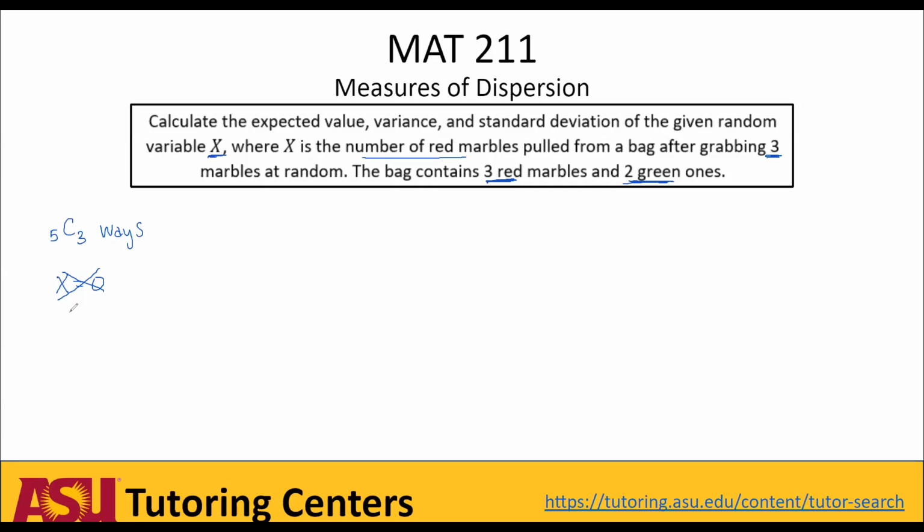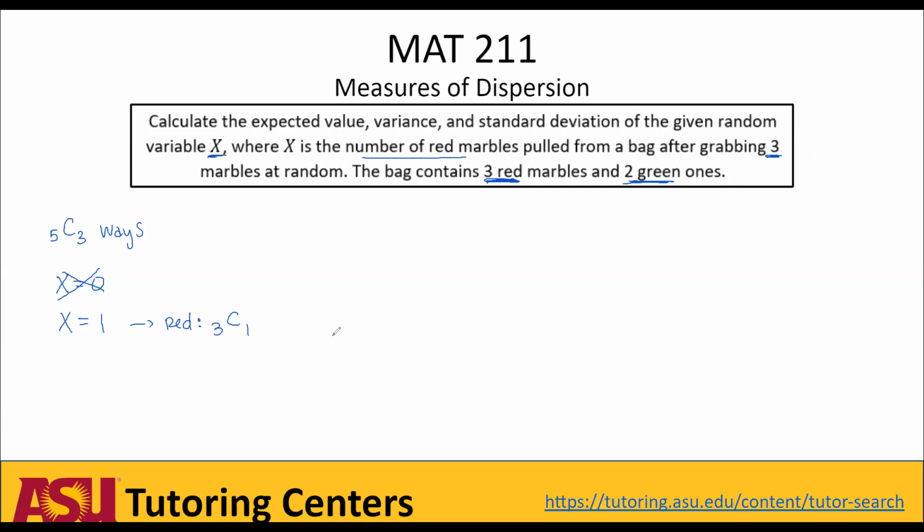Let's next consider x equals 1, meaning that we pull 1 red marble out of the bag. Let's first grab our red marble. Out of 3 total red marbles, we would be choosing 1, so for red, we have 3 choose 1. Then we can grab 2 green marbles to fill in our 2 remaining marbles.